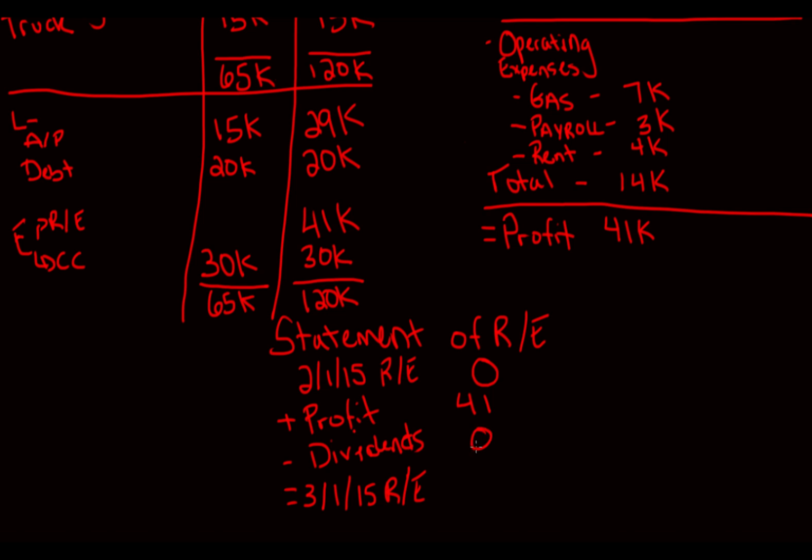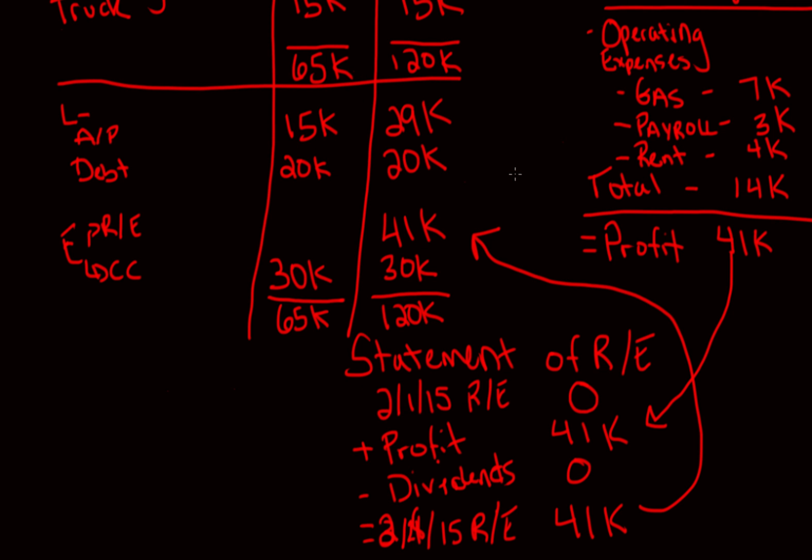We paid out 0 because we didn't want to give any money to our owners. So what is our retained earnings at the end of the period? 41,000. This 41,000, as you can see, goes here and then goes up to here.